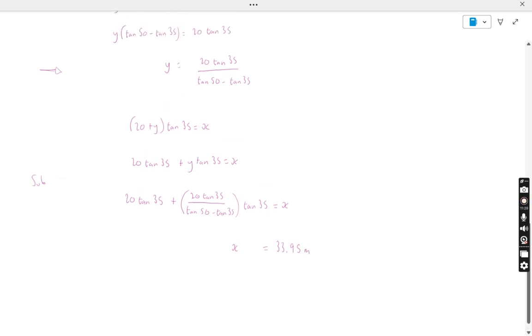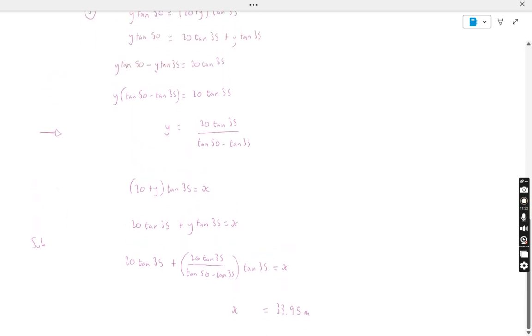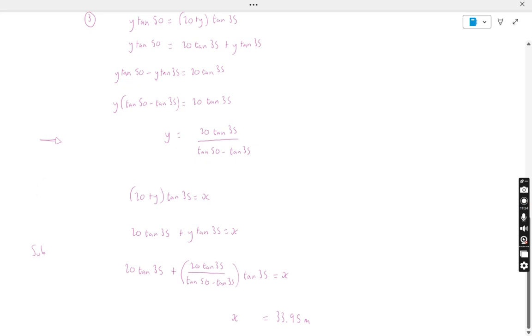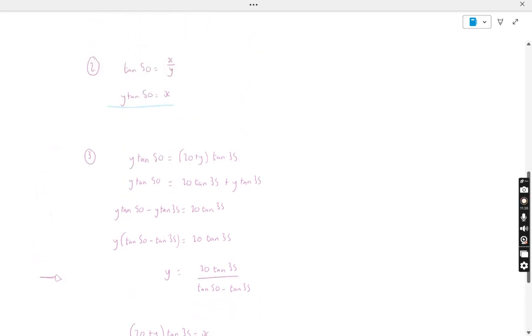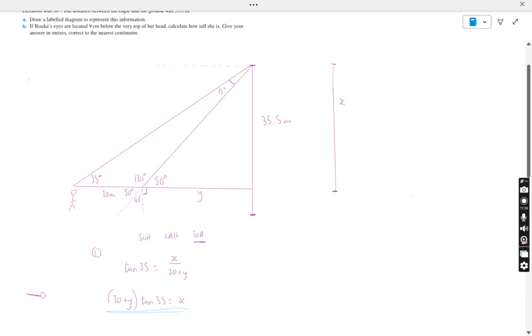So that wasn't the question, that was just what x is. So 33.95. Coming back up to here, x is 33.95.